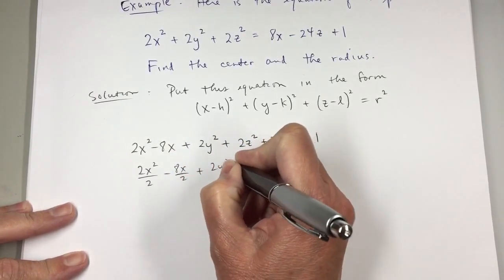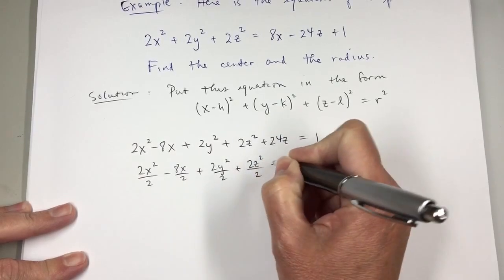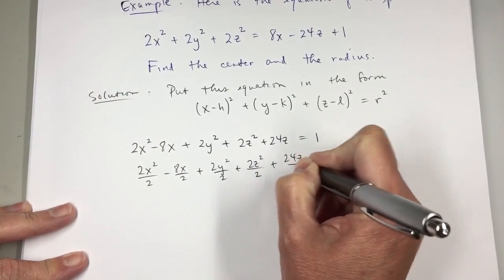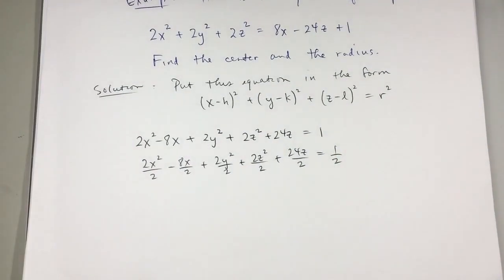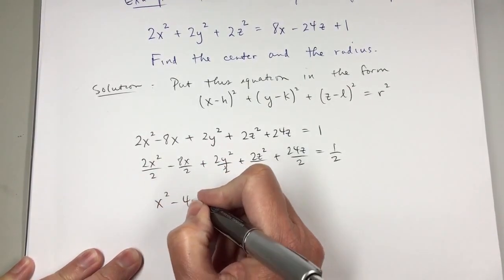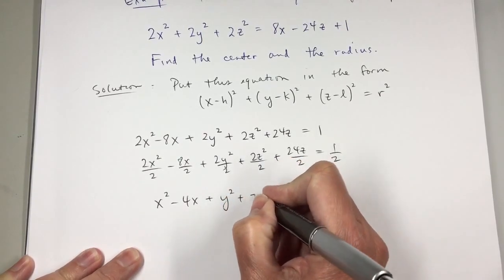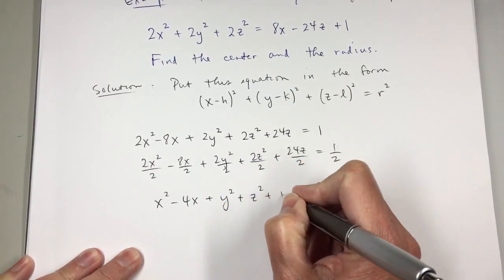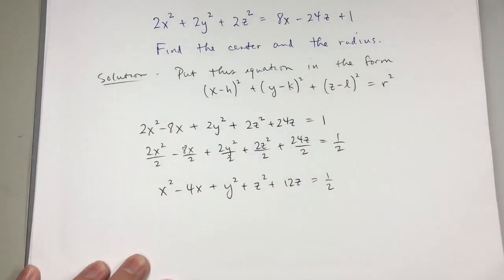Not just the terms that are squared, divide everything by 2, even that 1. So I'm going to end up with x squared minus 4x plus y squared plus z squared plus 12z equals 1/2.